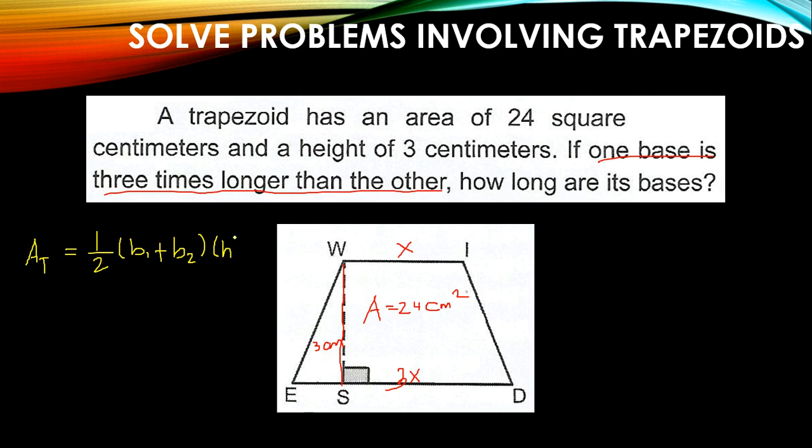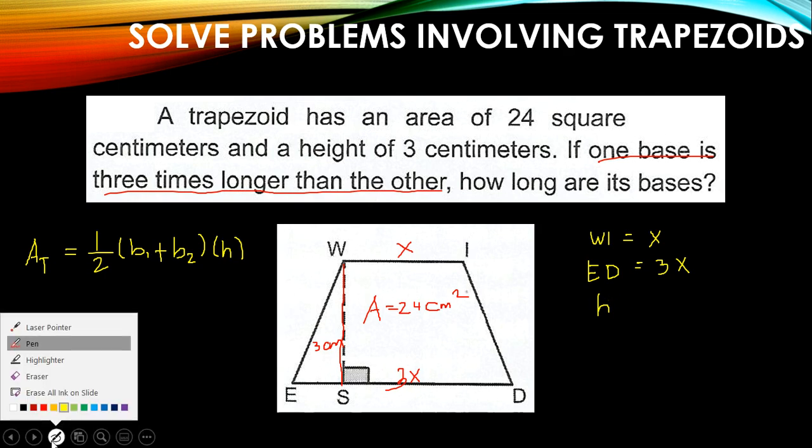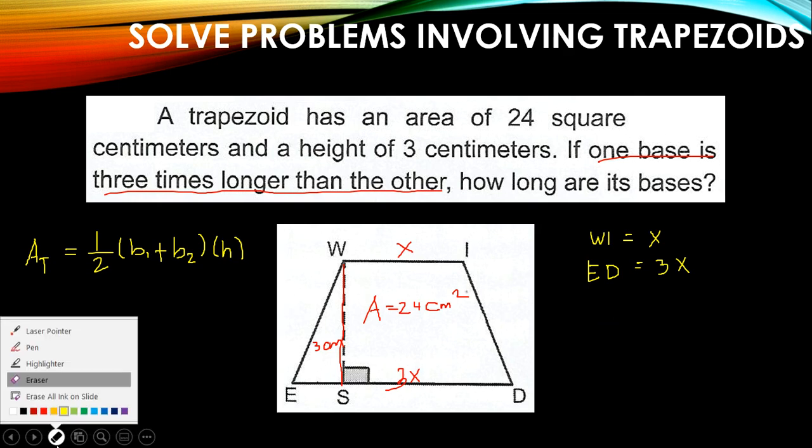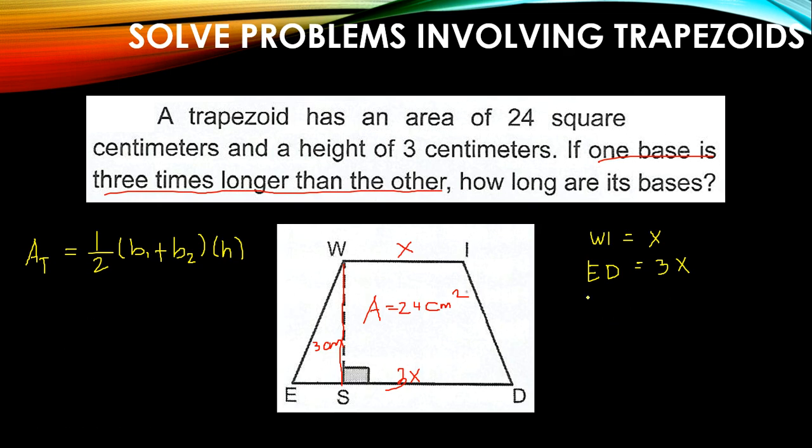Then WI is x, ED is 3x. Those are the bases. Then the height, or WS, is 3. So x is b sub 1, 3x is b sub 2, and WS is the height.